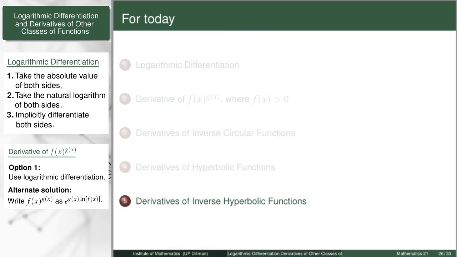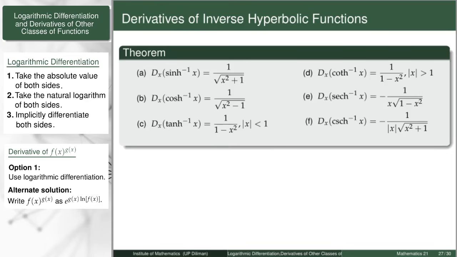The only difference is that we do not have that pattern where if it starts with c, it becomes negative. Actually, each one of these 6 formulas is unique in its own right. For example, the derivative of the hyperbolic sine inverse of x will be 1 over square root of x squared plus 1.